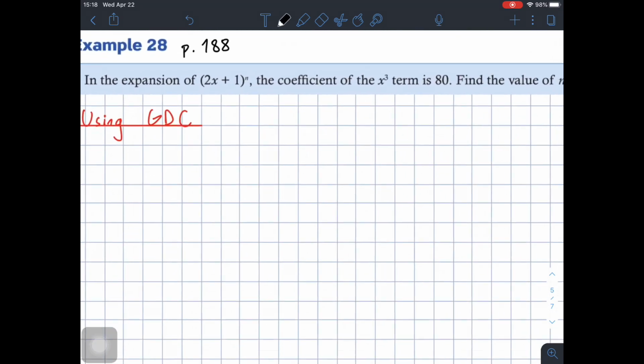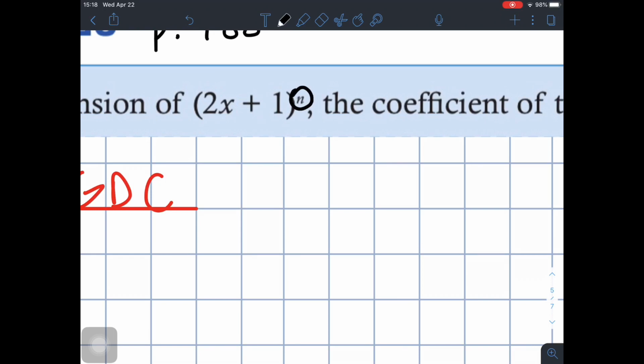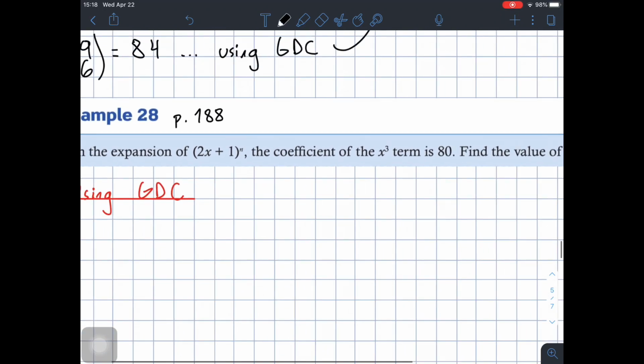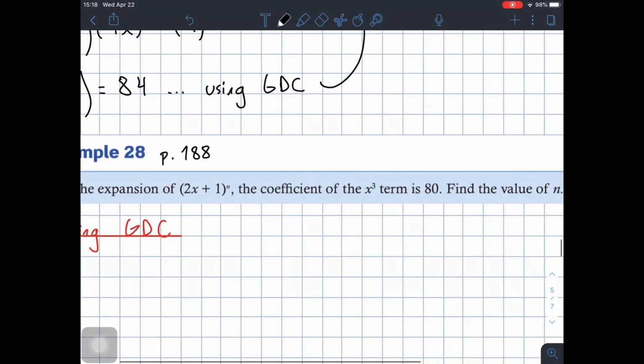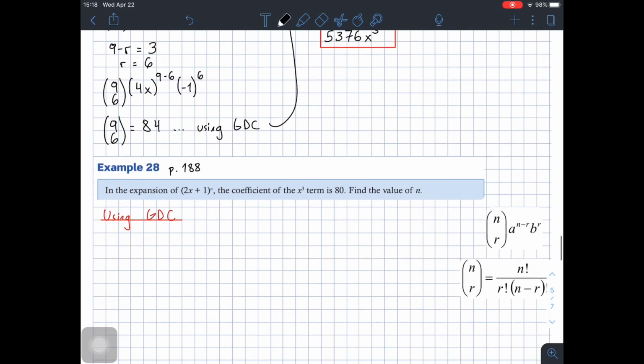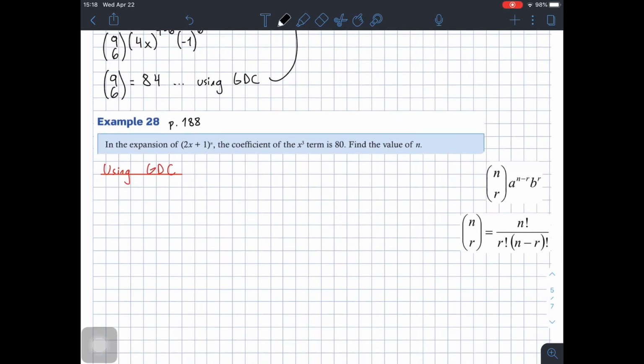So it says, in the expansion of 2x plus 1 to the power of n, so now we're not given the value of n, the coefficient of the x cubed term is 80. The coefficient is the number we have in front. In this case, the coefficient of the x cubed term was 5,376. Now it's 80. So find the value of n. I'm going to show you how to use a calculator.